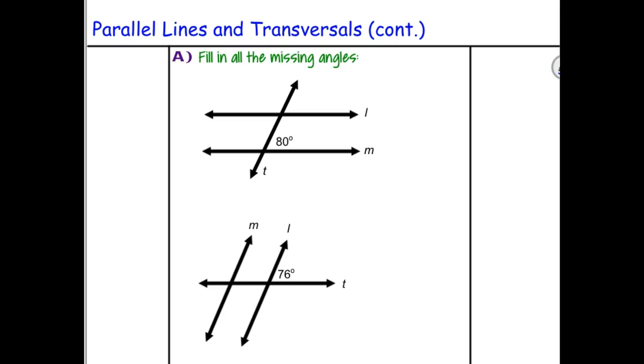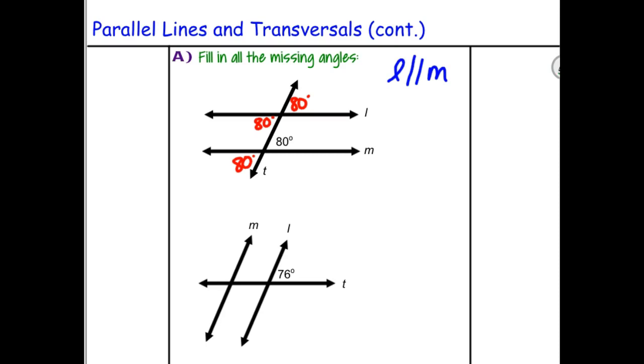So if we need to fill in all the missing angles, I'm telling you here in this case that L is parallel to M. So if this one is 80, alternate interior angles make this one 80, then corresponding angles, as well as vertical, make this one 80, and alternate exterior angles make this one 80.